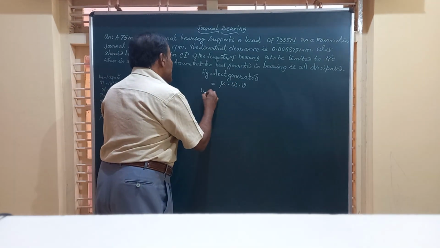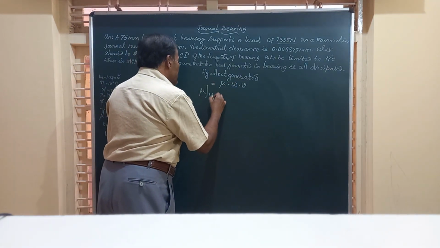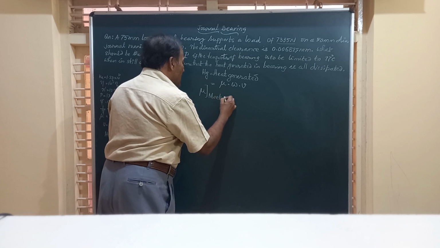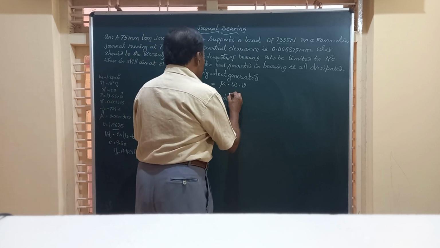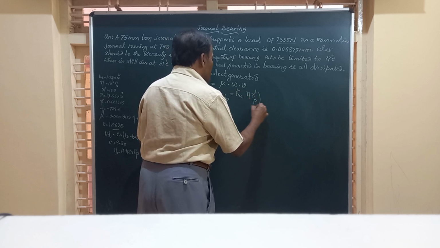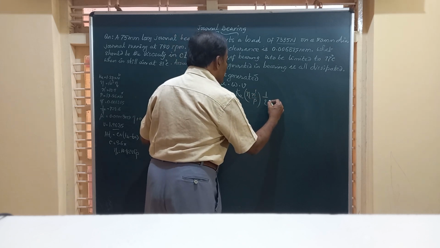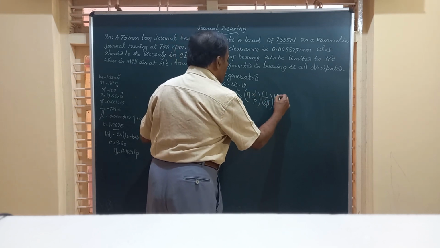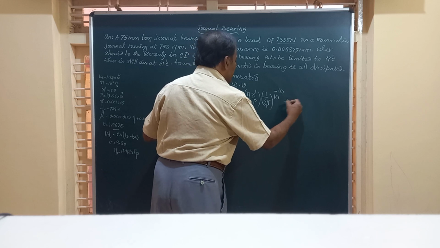So, mu McKee, the value of the coefficient of friction as per Professor McKee, is given by Ka times eta n dash by P, times 1 by psi, times 10 to the power of minus 10, plus delta mu.